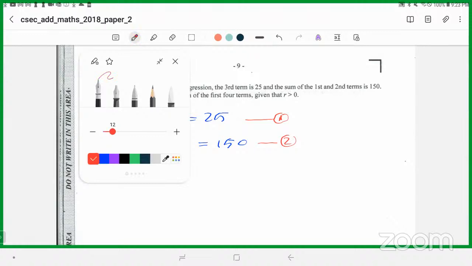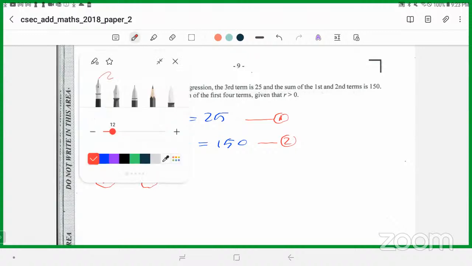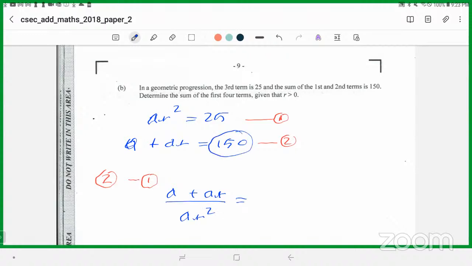I'm going to do equation 2 divided by equation 1. You take this side and divide by this side. So it's A plus AR divided by AR squared equals this side divided by this side, so 150 divided by 25.